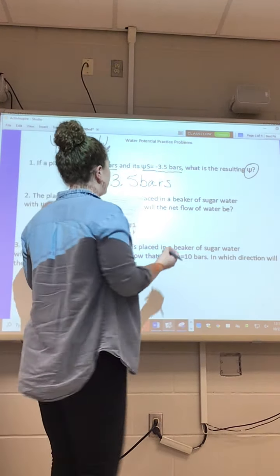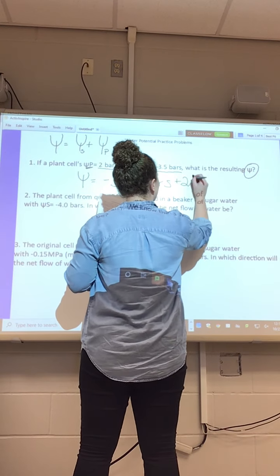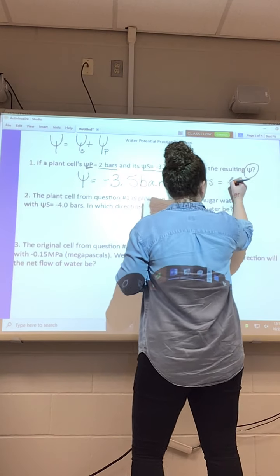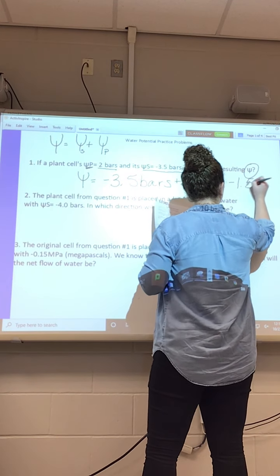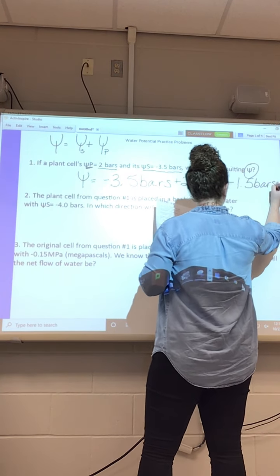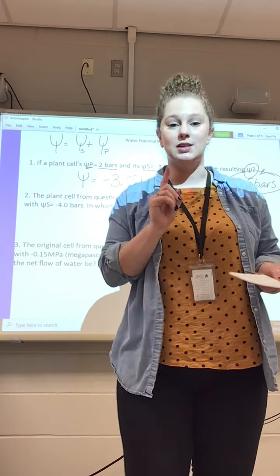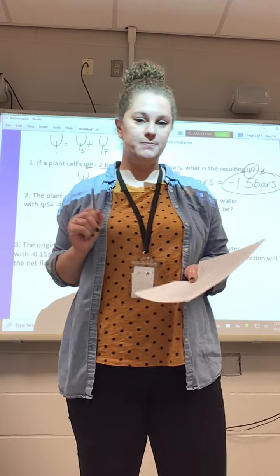So I just plug it in, plus 2 bars equals negative 1.5 bars. Circle that. So the answer to number 1 is negative 1.5 bars.